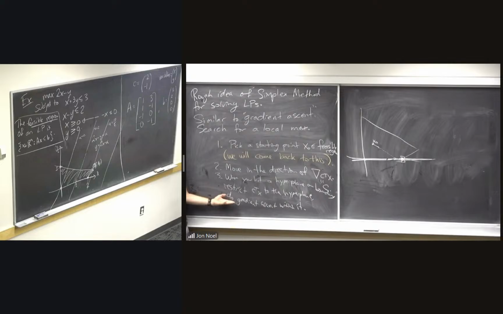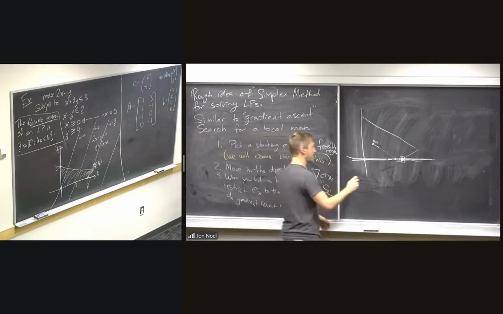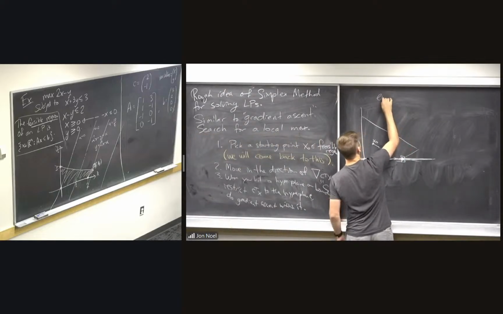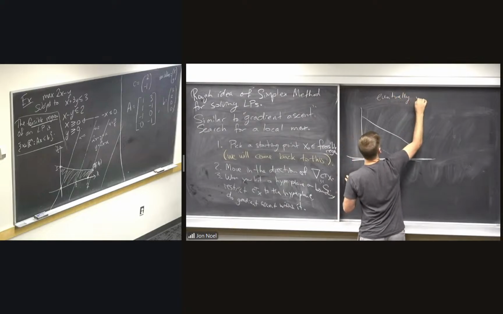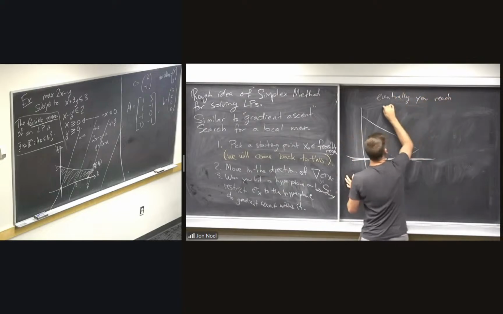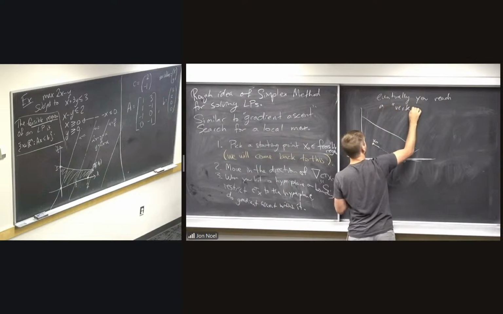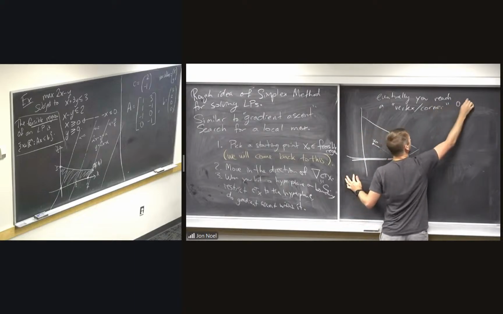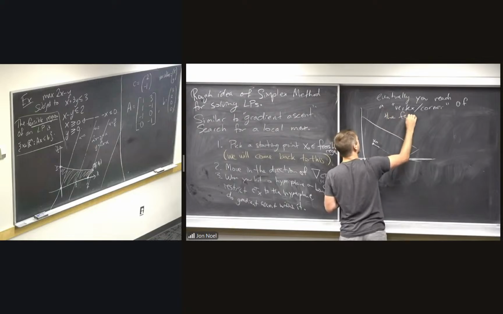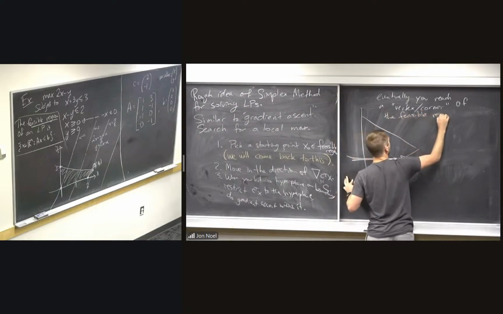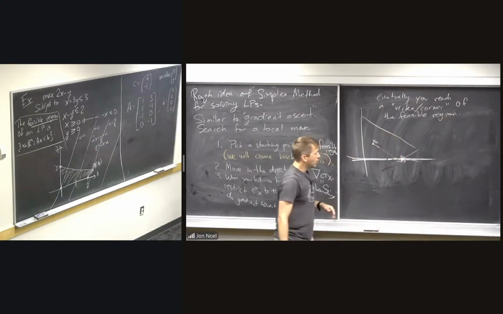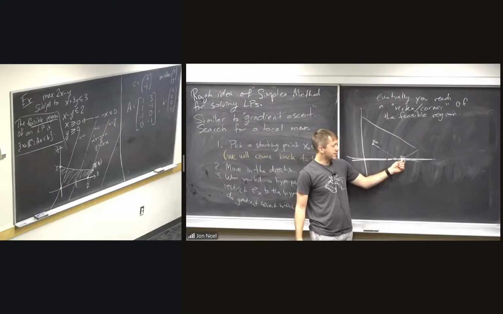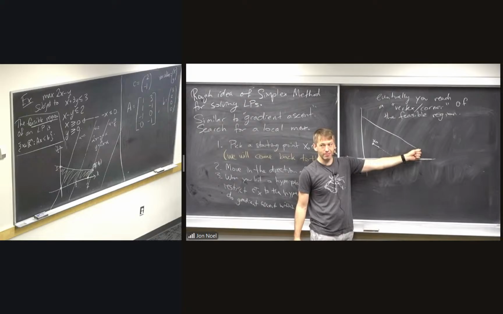So you keep doing this until eventually you reach a vertex of the feasible region, or you might think of it as, like in this picture, a corner of the feasible region. Now, that's not necessarily the best option, right? We actually know that the function is going to be optimized at a different corner, so I'm at the wrong vertex.